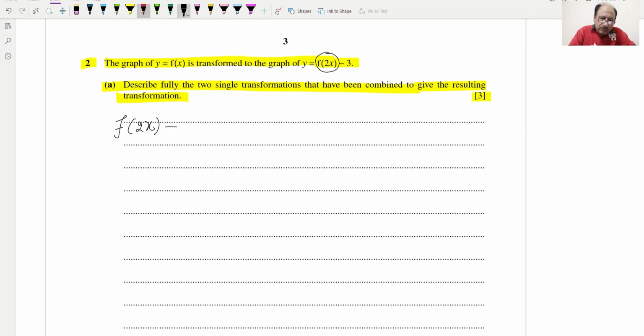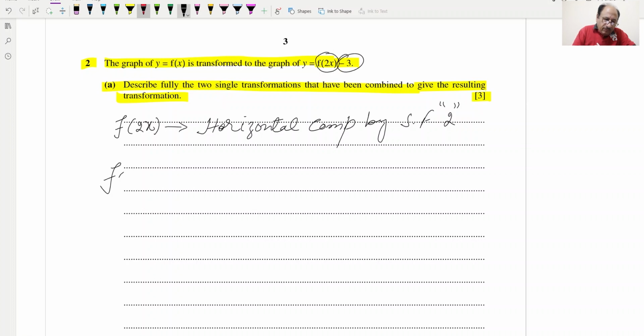So this will be horizontal compression by scale factor 2. And minus 3 is what?